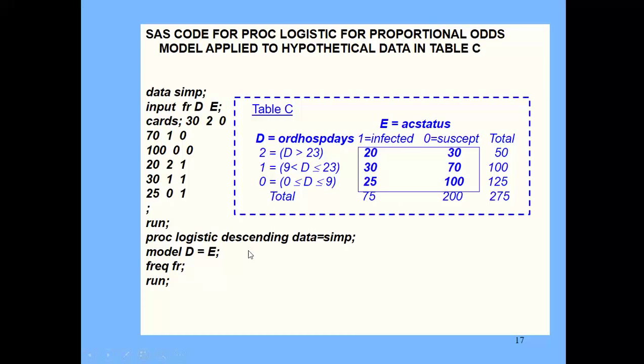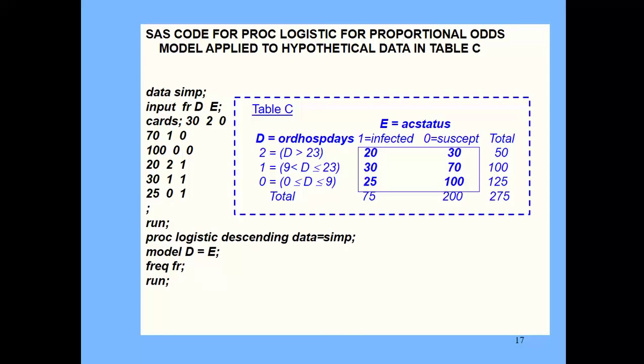Now, you notice I don't have link equal glogit. I'm just running this model. This will run the proportional odds model. Why isn't it doing binary logistic regression? Why is it doing proportional odds? That's what I wanted to ask you here. Anybody figure that out? If you look at the D variable in the data, how many values do you have for the D variable? 2 or 3?